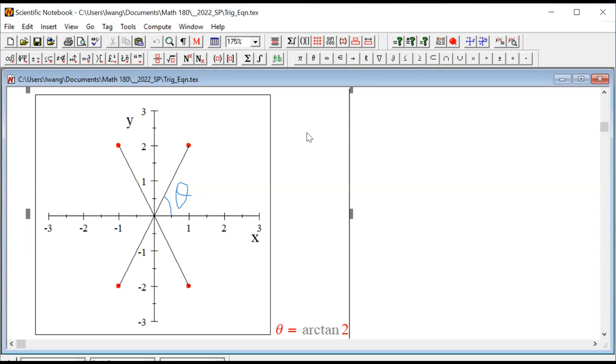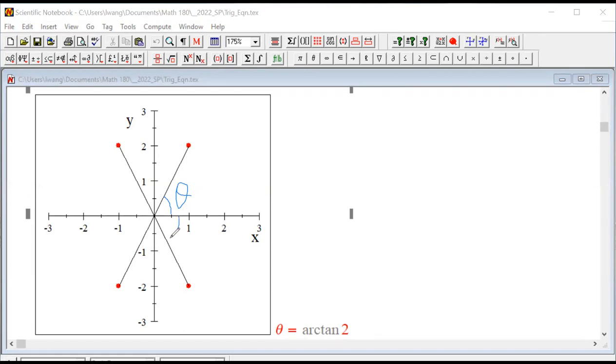If that's theta, we know that this is negative theta. If that's theta, this is negative theta. So theta identified plus k pi, negative theta plus k pi.